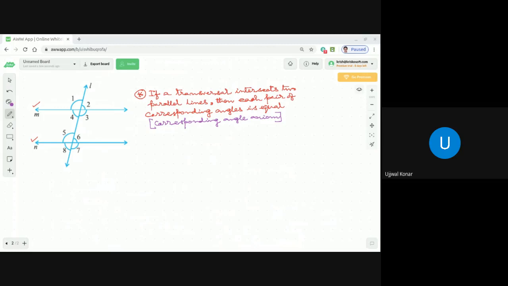Let's experiment. So how to experiment? For that, let us draw the following thing. First, let's draw a line, and let me first explain this.